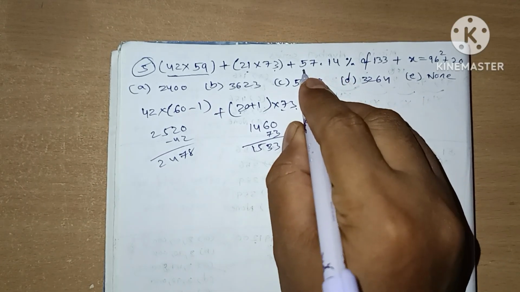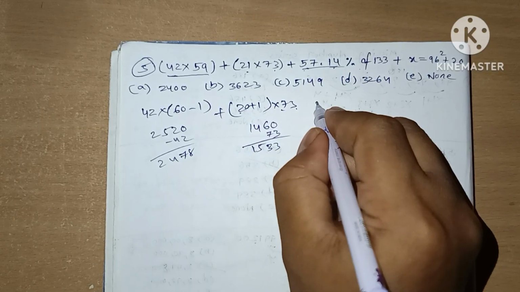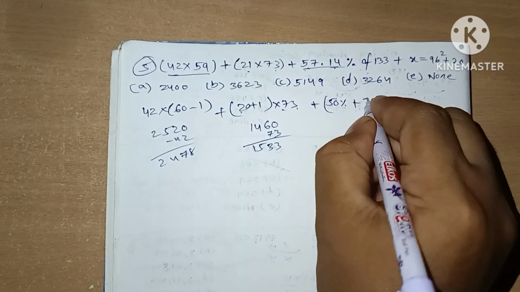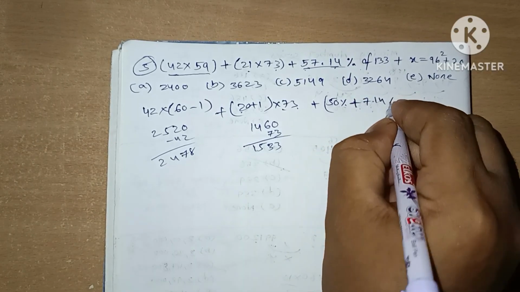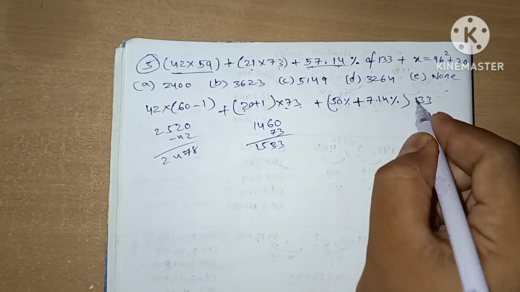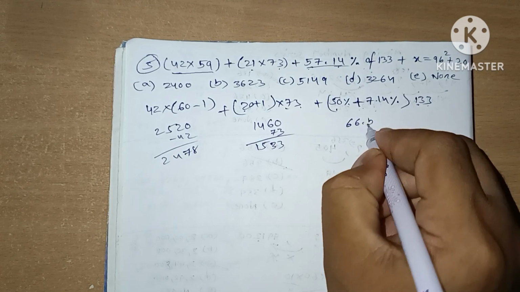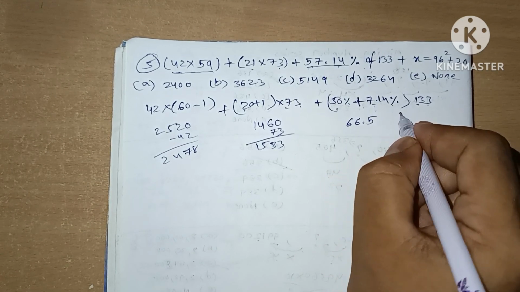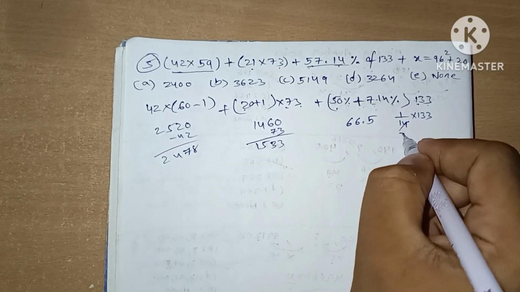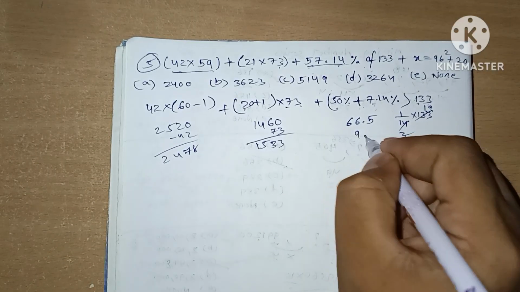Here it is 57.14 percent. We don't know the exact fraction of this one, but we can divide this as 50% plus 7.14% of 133. 50% of 133 will be half of 133, which will be 66.5. 7.14 is nothing but 1/14 of 133. 7 two times and 7 nineteen times, 9.5.